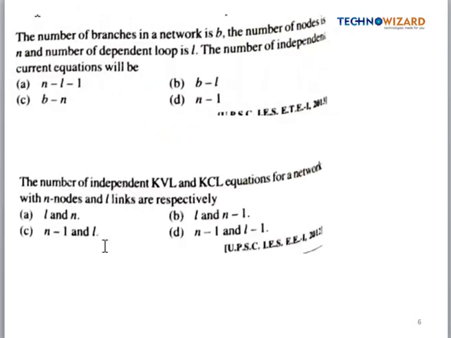Next question is, the number of branches in a network is B, the number of nodes is n, and the number of dependent loops is L. The number of independent current equations will be?